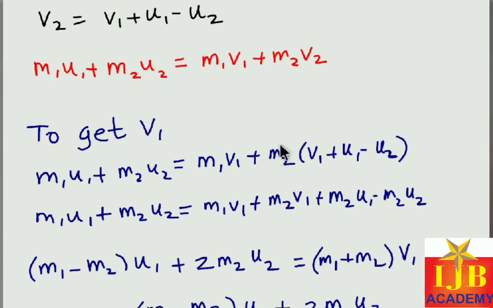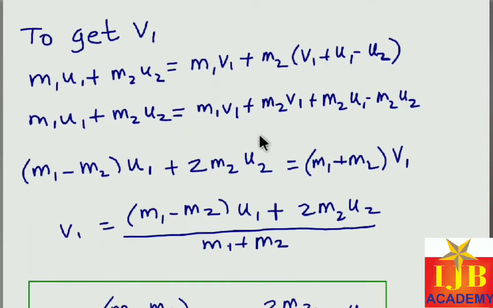So I can take m2 inside: m2 v1 plus m2 u1 minus m2 u2. I see m1 u1 and I see m2 u1 here. When this goes to the LHS, it becomes minus m2 u1. So m1 minus m2, taking u1 commonly outside, plus m2 u2; you are seeing minus m2 u2 here, and when you take this to the other side, it becomes plus m2 u2.